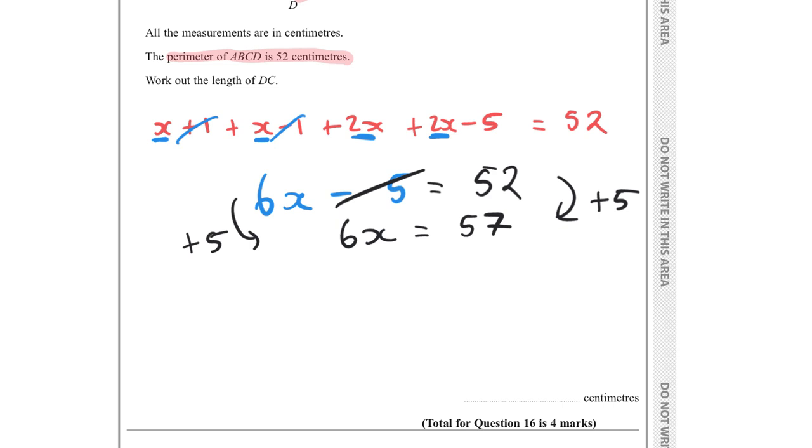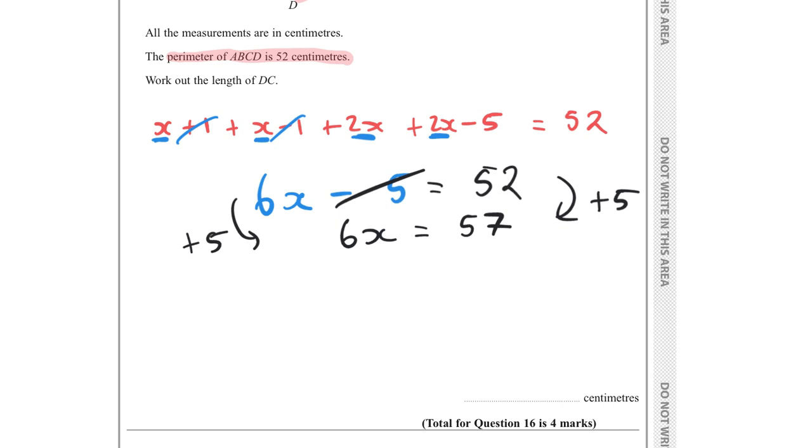Now I've got to be honest with you, I'm not impressed by their choice of numbers here. Because if I go through my 6 times table, I can get to 54, I can get 60, but I'm not getting 57. That is a horrible number to choose. I am unimpressed.